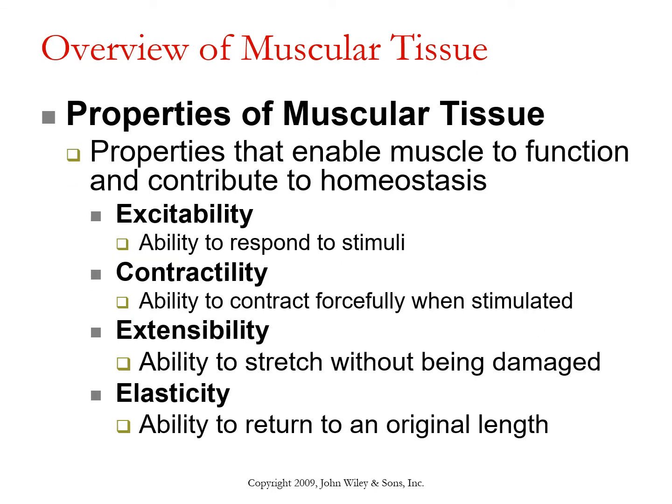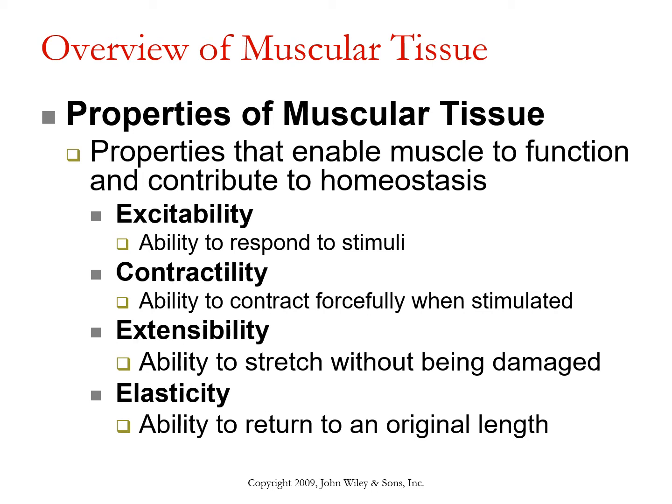Here we have the properties of all muscular tissue, and these properties enable muscle tissue to function and contribute to homeostasis. Number one is excitability. We have heard this before. Excitability is a property of both muscular and nervous tissue. It is the ability to respond to certain stimuli by generating electrical impulses.